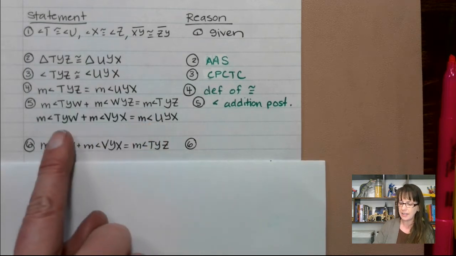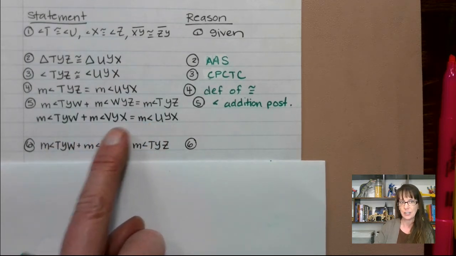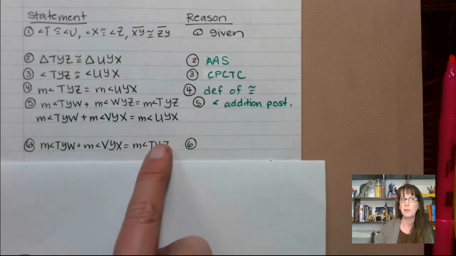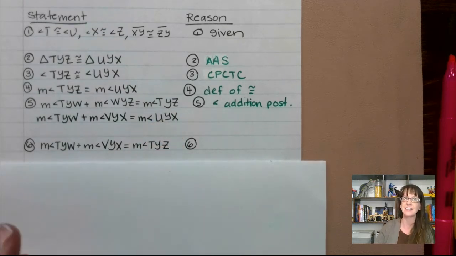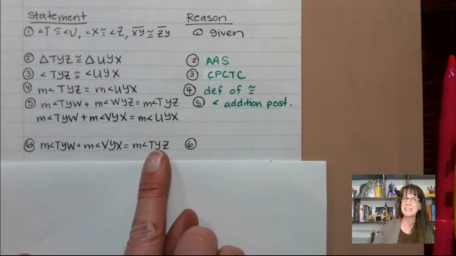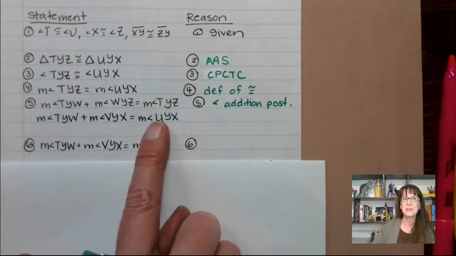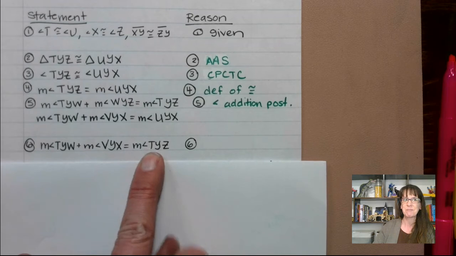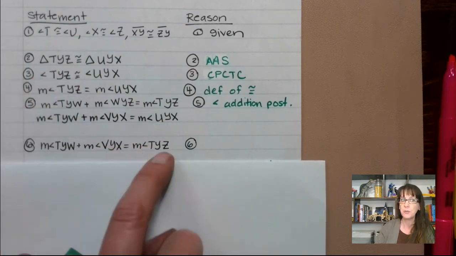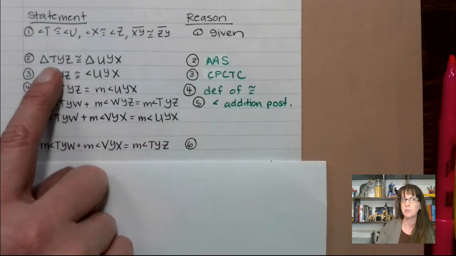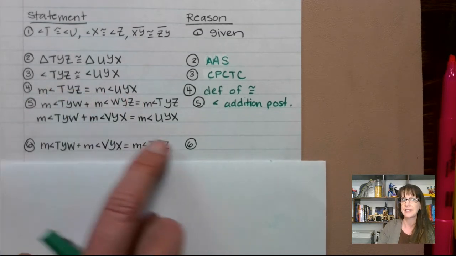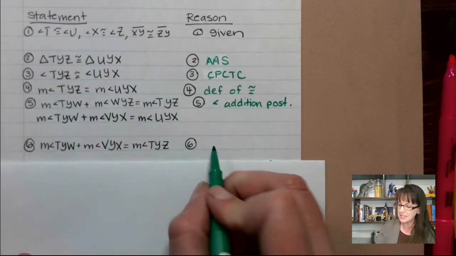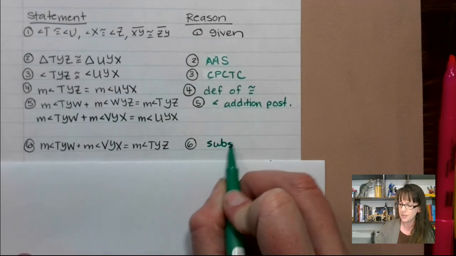So I've taken this sentence and rewritten it, but I've replaced UYX with TYZ. I'm sorry, I have dyslexia, so if I state these letters wrong, I apologize. We're allowed to swap those out because remember back up here, the measure of these two angles are exactly the same. So all this is the substitution property.